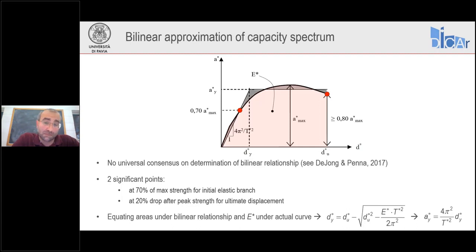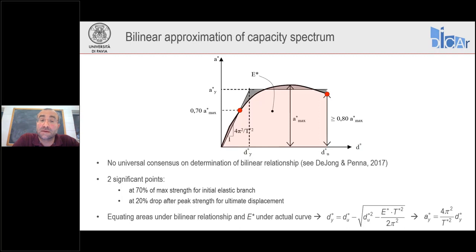And they suggest to do what I'm showing you now, which is somehow following the recommendation of the Italian code for masonry buildings. We have to consider two significant points on the actual capacity spectrum, on the curved capacity spectrum. The first point is at 70% of the maximum strength experienced in the curve.